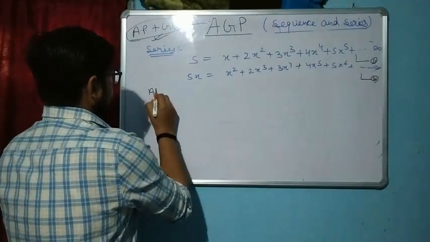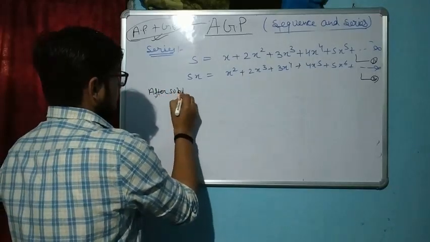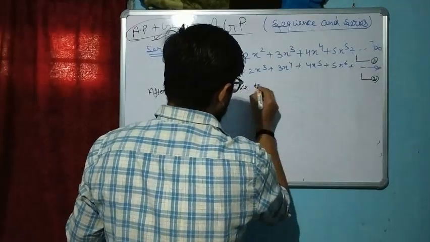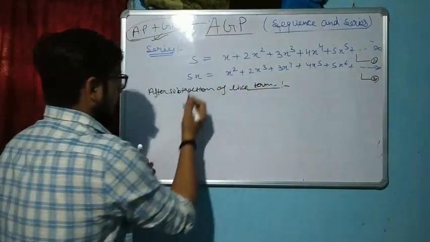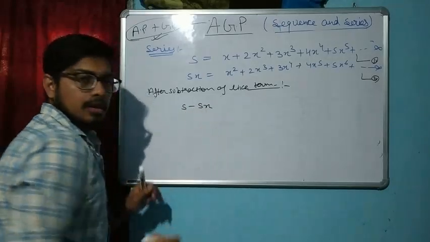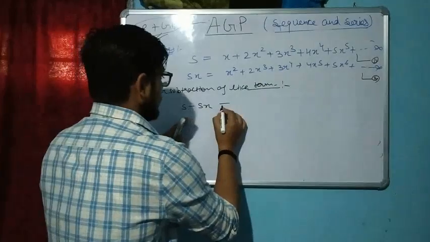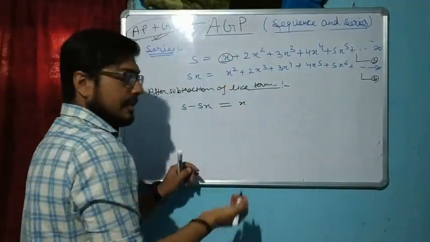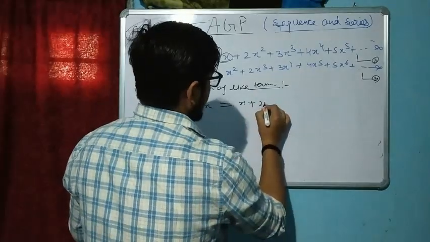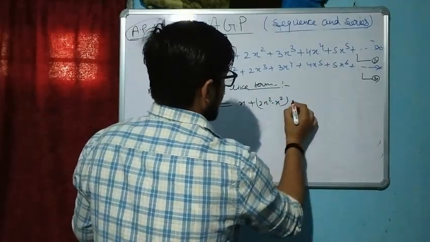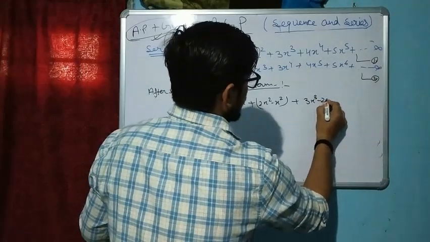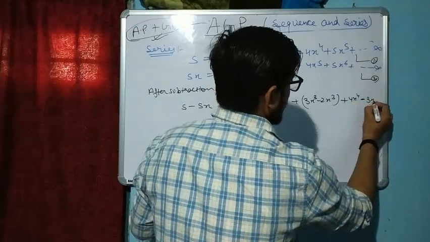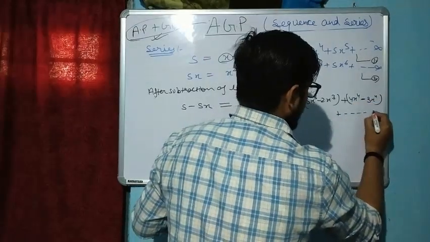Now after subtraction of like terms, on the LHS we will have S minus Sx, and on the RHS we leave the first term as it is, that is x, then afterwards 2x square minus x square plus 3x cube minus 2x cube plus 4x raised to power 4 minus 3x raised to power 4, and so on it will continue.